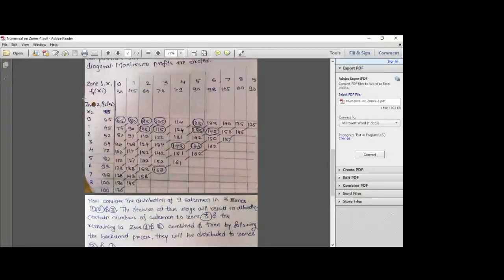Vertically we are going to represent zone 2, and x2 is the number of salesmen. You can see 0, 1, 2, 3, 4. Here the 9 is not visible because the paper got folded. There are 9 salesmen that we can allocate, and the profit for each of these is given for zone 2 as well.